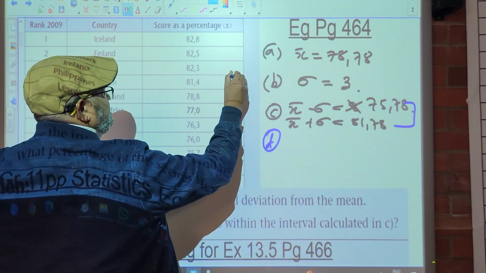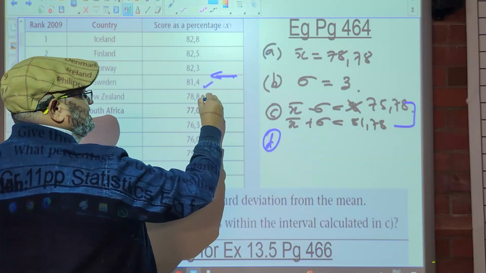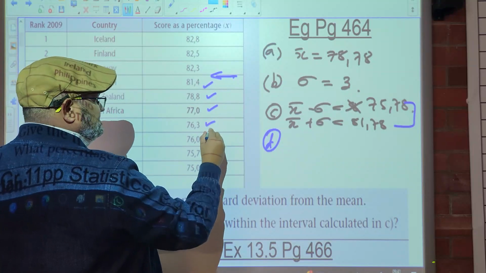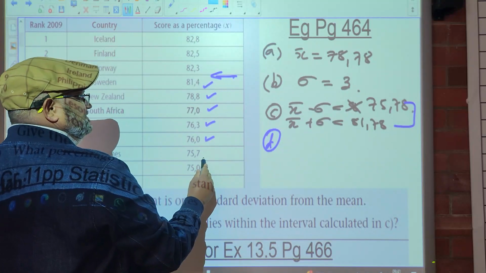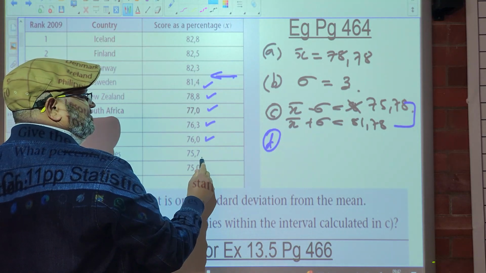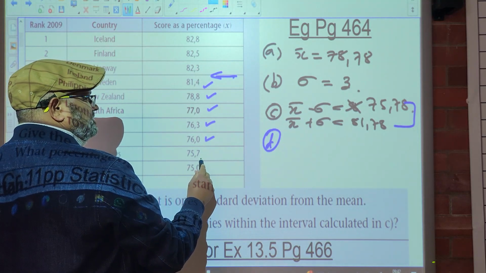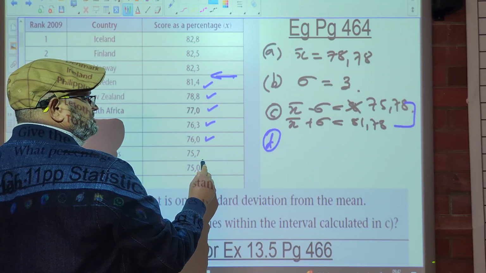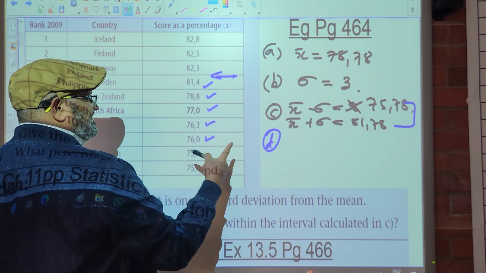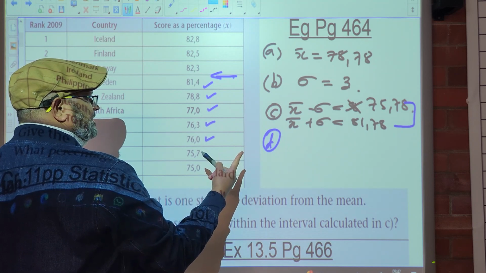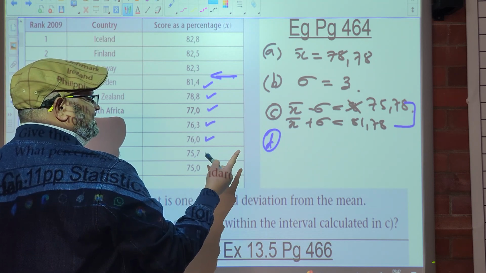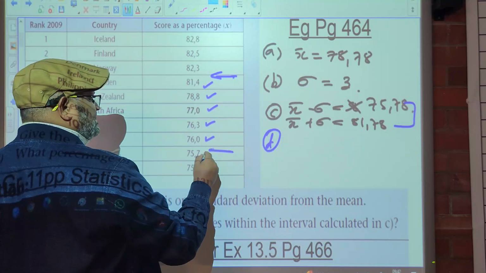So that is going to be there. So it's inside, inside, inside, inside, inside. 75.7. 75.78. No, it's outside.